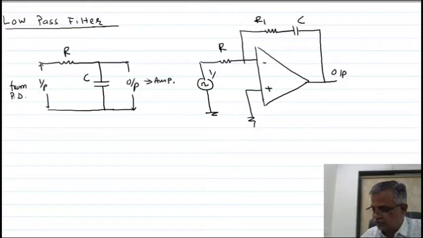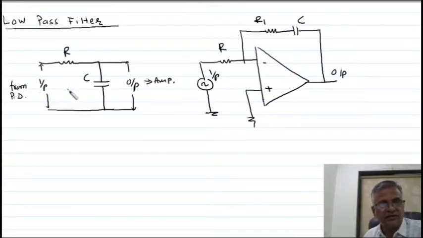This is your input, which is the output of the phase detector connected at this point, and the output of the op amp is given to the error amplifier. So this is a circuit diagram of a low pass filter using an active component like an op amp.